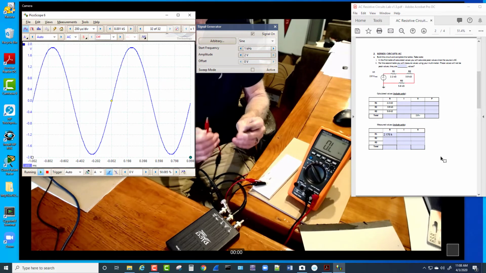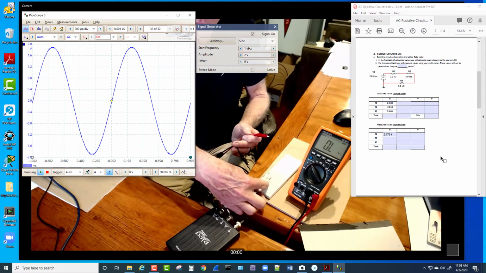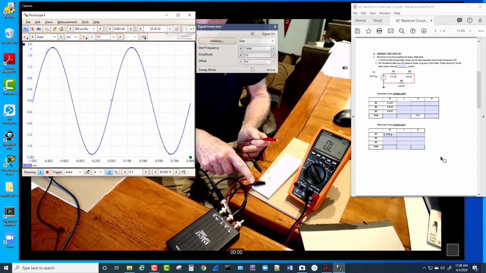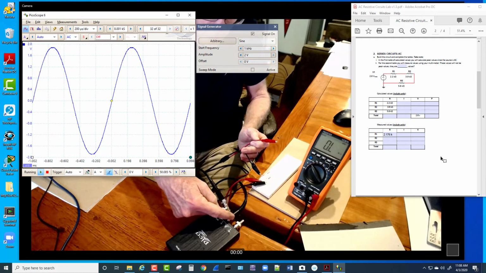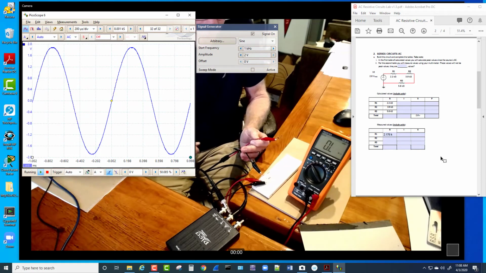Here's my measurement channel B. I've got a black and a red. You cannot use the black, right? You can't use the black because this black is attached to this black over here in measurement, and that's attached to all of these ground ports here and right back to your computer.